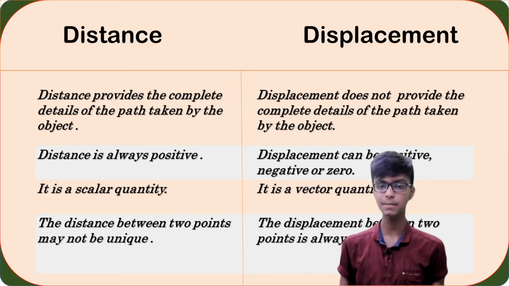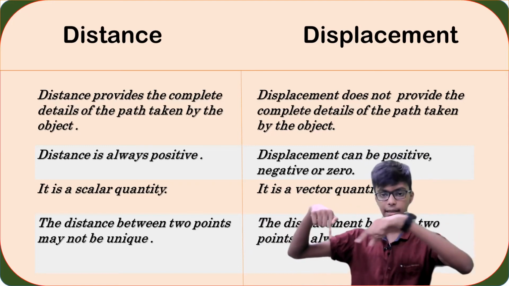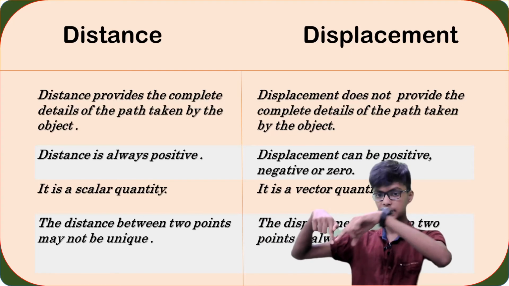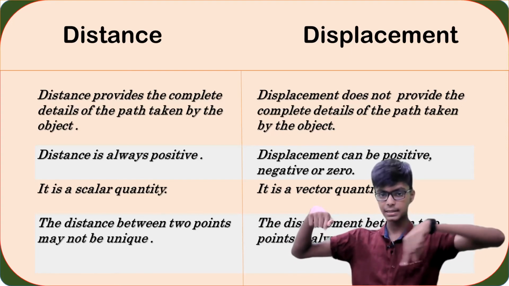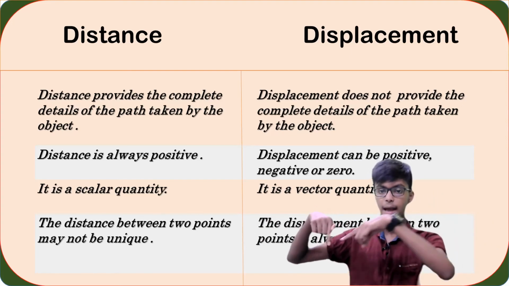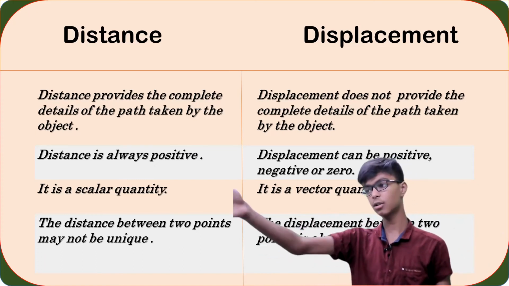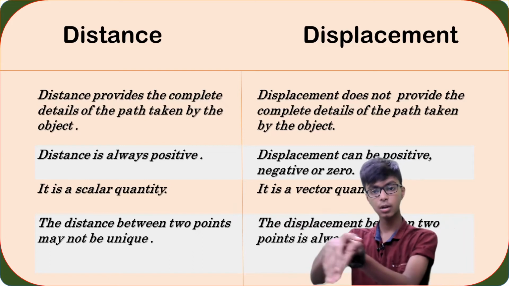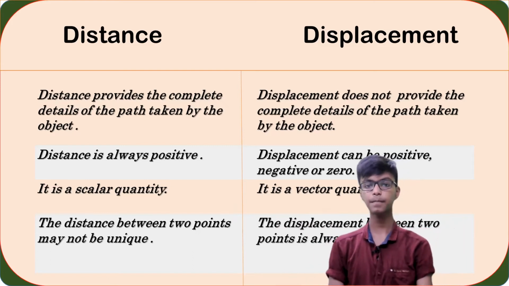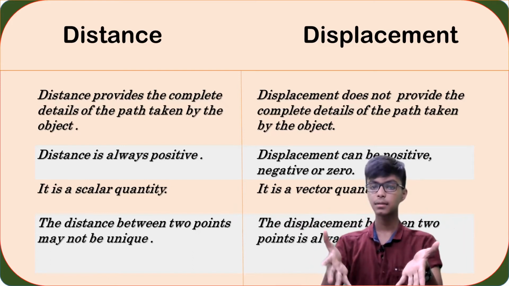But in the case of displacement, we need to see the direction, because from here to point B, we can just take the shortcut. This is distance, this is displacement. Suppose someone tells you the shortcut is on the north side. So you have to use the north side to go to your point. So this is displacement.